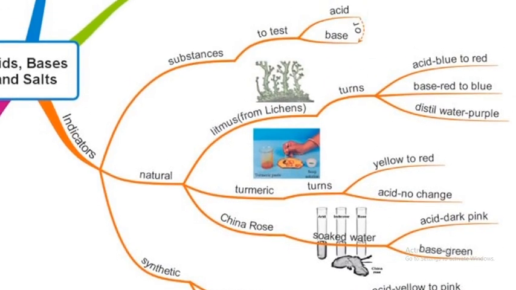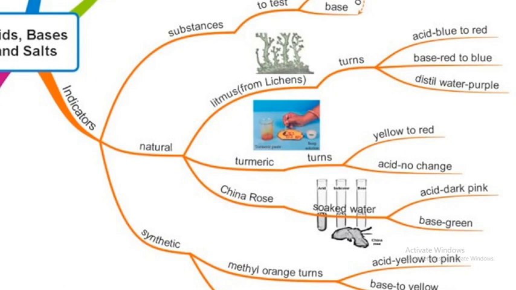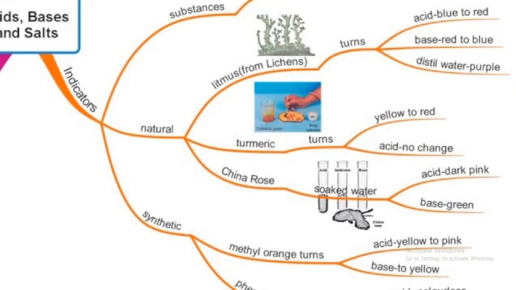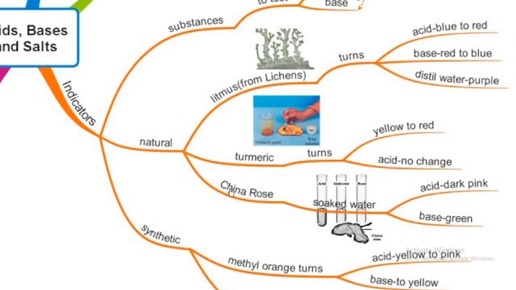Natural indicators are litmus, turmeric, china rose. Synthetic indicators are methyl orange and phenolphthalein. These are prepared in the laboratory, so they are called synthetic indicators, whereas natural indicators are obtained from natural resources.